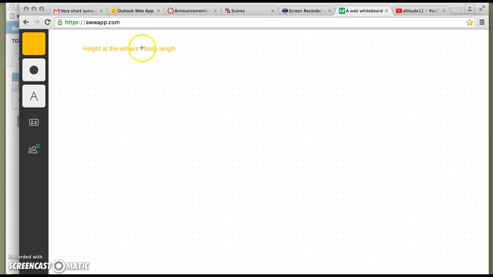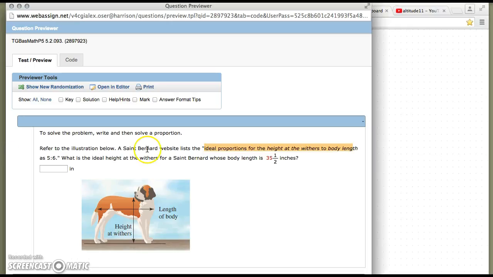So remember that this colon here, or you can just use the word to, T-O, or you can use a horizontal division bar to create a fraction for a ratio. So what we'll have here is height at the withers in our numerator to body length in our denominator. And it tells us in the problem, per this website, the ideal proportions, or the ideal ratio, is 5 to 6.